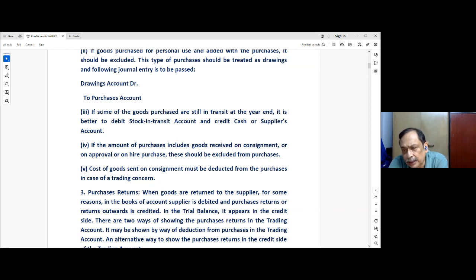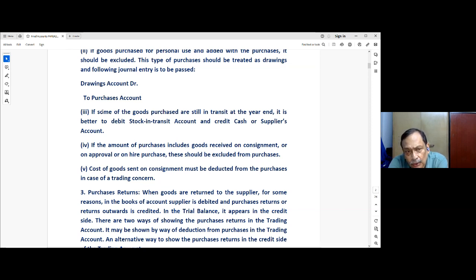There is ordinary commission, del credere commission, usually given when the consignee is going to undertake the risk of credit sales, and special commission also. So, in a nutshell, that is the concept of consignment. Or on approval, there may be a process which is called goods on approval. So, on that basis, goods are to be sold by the organization.